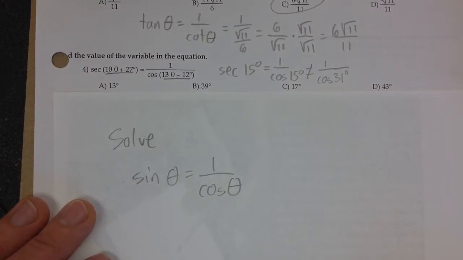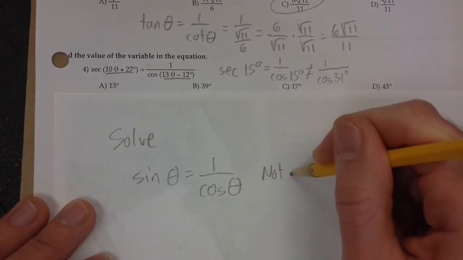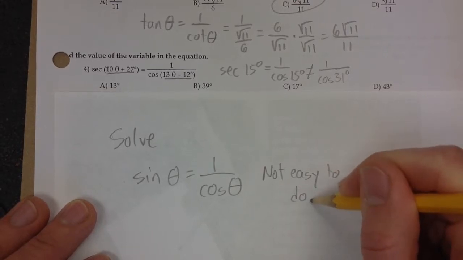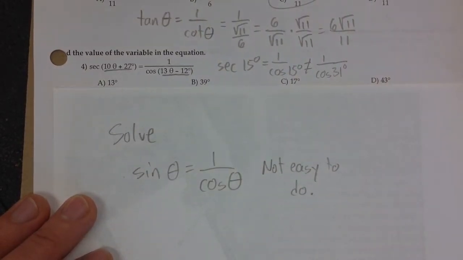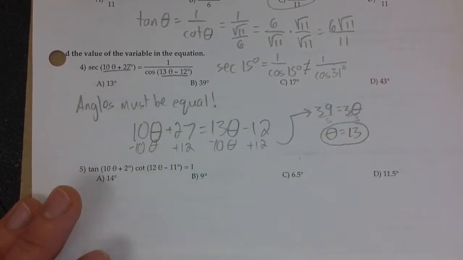And I would not expect you to be able to solve that. So you have to figure out when opposite over hypotenuse equals hypotenuse over adjacent. It's possible, but not easy to do.